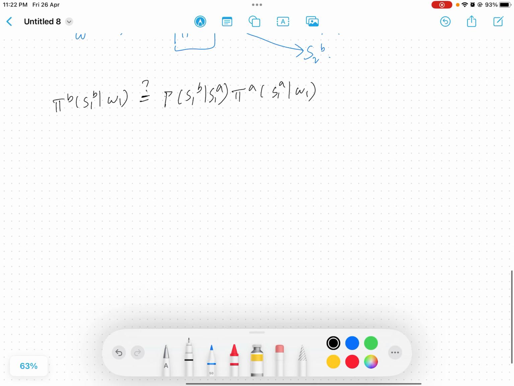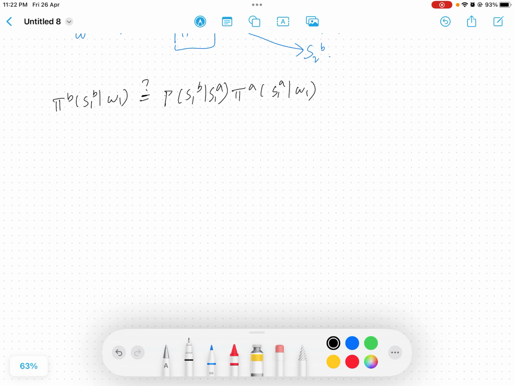This is one possibility: given that the state is omega 1, pi a sends out S1a. Then, given S1a, the gamma function gives the conditional probability of S1b. That is the whole path we're calculating.